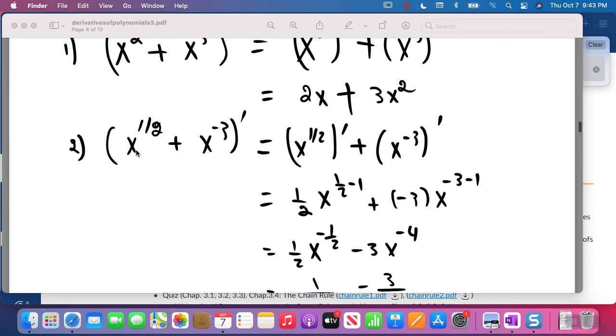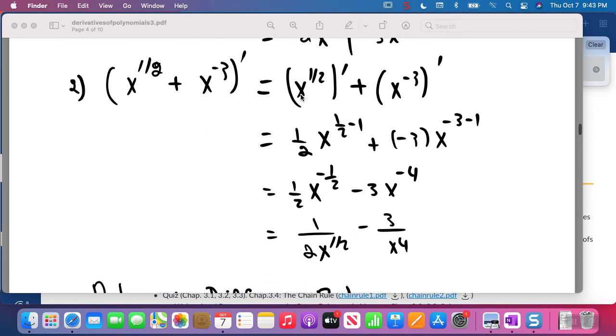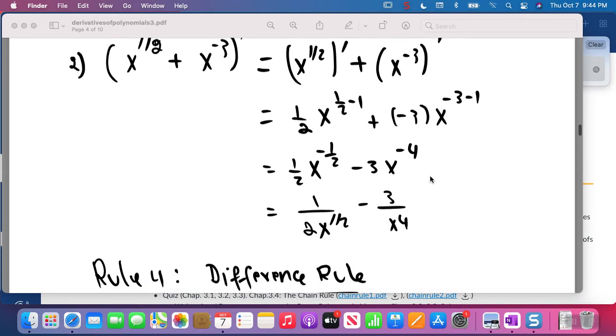Similarly, if you are asked to find the derivative of x raised to 1/2 plus x raised to negative 3, again, you take the derivative of each one of them and then you add those derivatives. So the derivative of x raised to 1 over 2 is, you drop 1/2 times x to 1/2 minus 1, plus, and then you drop negative 3 times x raised to negative 3 minus 1.